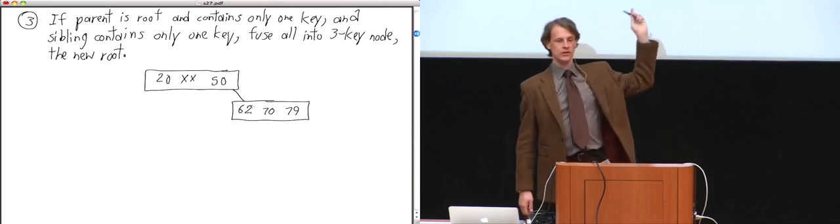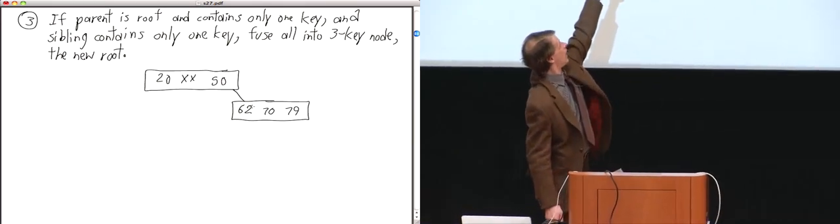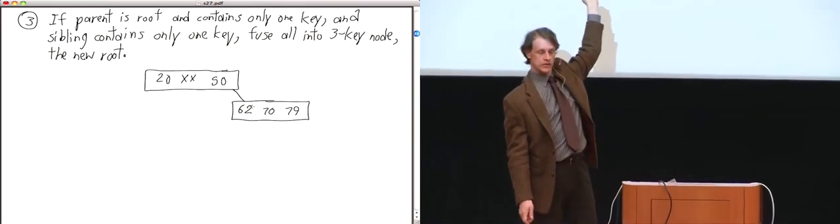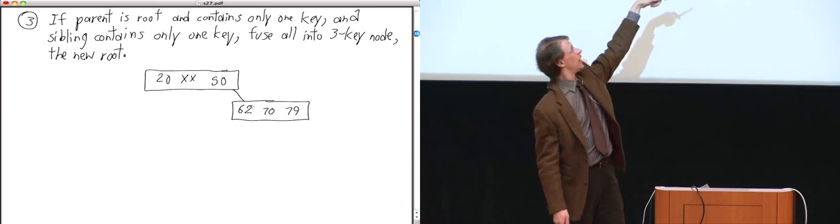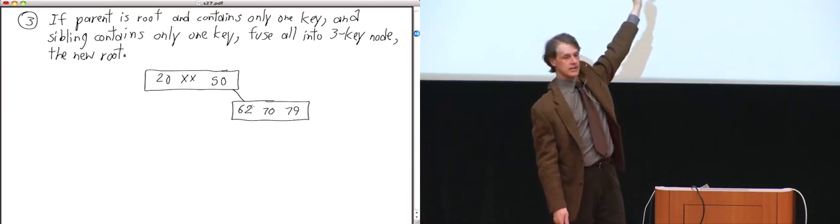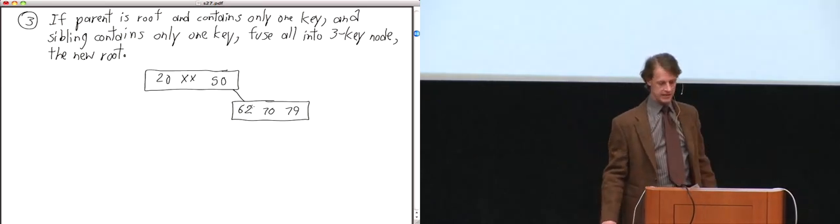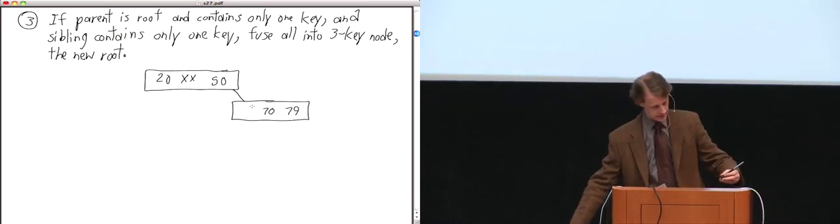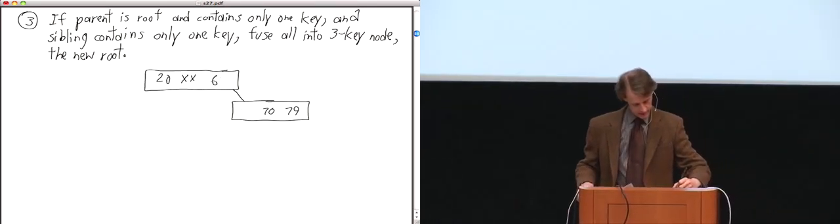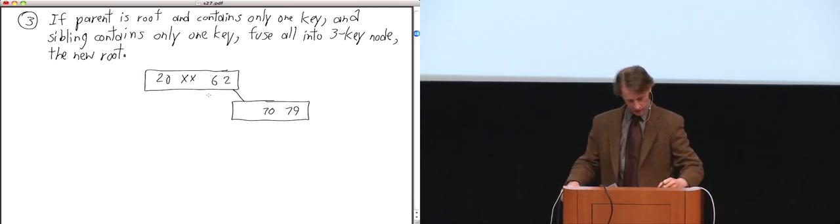So here's what those two nodes look like at this point. I want to steal the 62 and move it to its sibling, but the 62 can't go straight to the sibling. If we do a rotation, the 62 goes up to replace the 50, and the 50 comes down next to the 43.